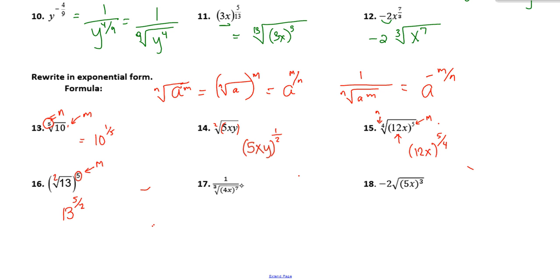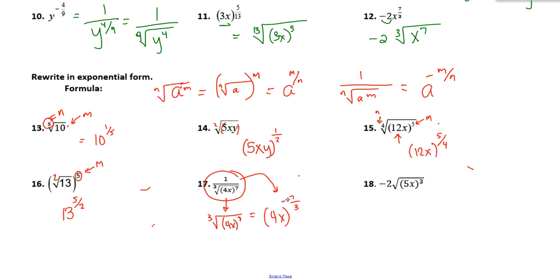Okay, here we go. We've got a -1, right? So let's look at just the bottom. We've got 4x to the 7th power, and then a 3 out on the shelf. That's going to be 4x to the 7/3. And then since it's a fraction, we make it negative.